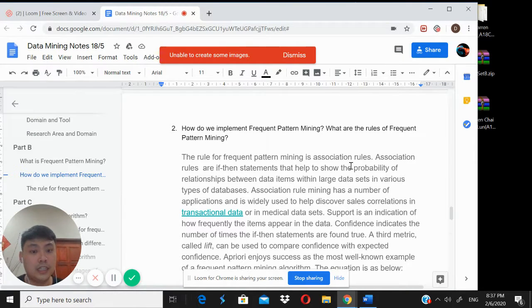We try to see what the product trend is, and how high the probability is of getting product A and product B at the same time. So it is like association rule. It is still basically roughly the same thing.